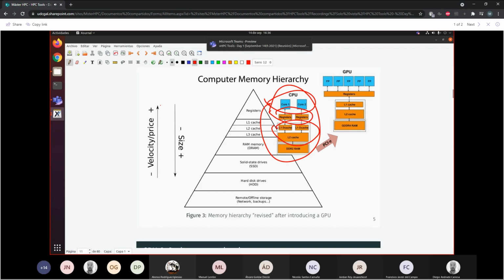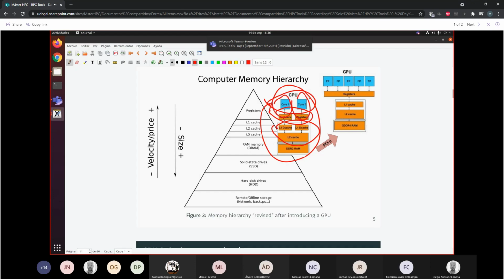So what I was saying before we lost the connection is that the memory hierarchy can be slightly different depending on your device. In a CPU, and this is a very old example of CPU because we have only 2 cores, each core has its own registers, and below that there is a hierarchy of cache memories, with different levels.